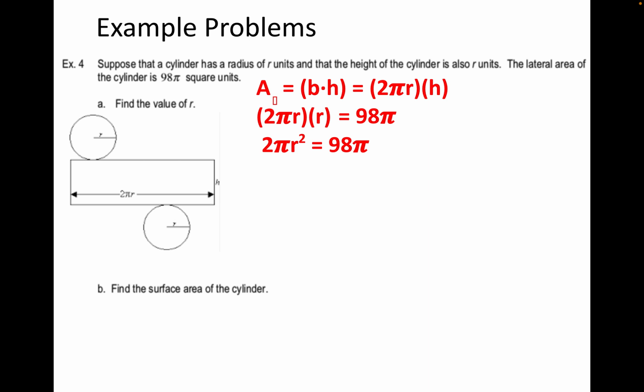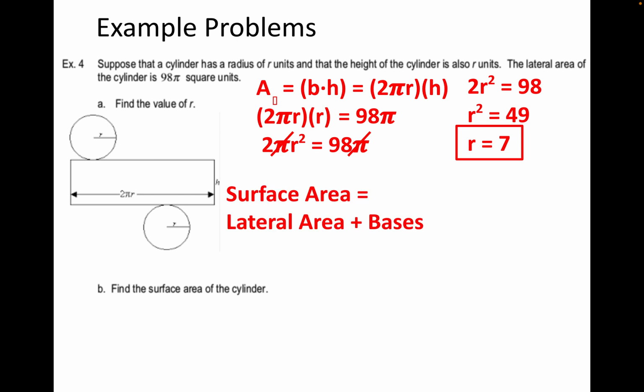So 2 pi r squared must equal 98 pi. If I divide both sides by pi, I've got 2r squared equals 98. Divide both sides by 2, and I've got r squared equals 49. Take the square root of both sides, and r equals 7.